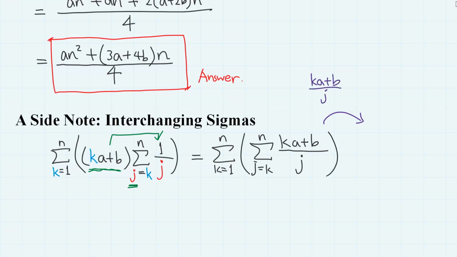Therefore, by letting (ka plus b) divided by j be a sub jk, some kind of multi-index sequence, we can write it as a double summation of a sub jk, j from k to n, and k from 1 to n.